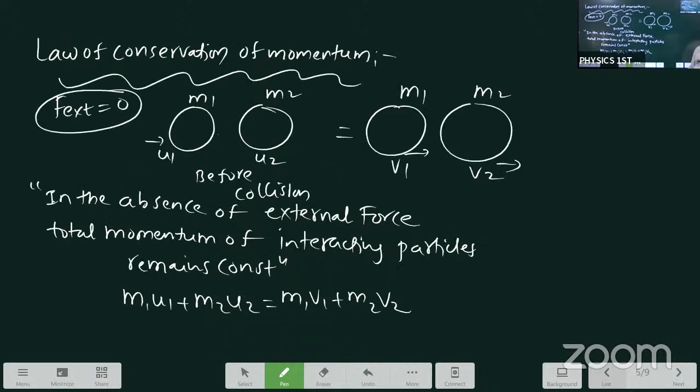Out of the 4, Kepler's laws is the 3-star question. The remaining are all 2-star questions, students. So concentrate especially on Kepler's laws, law of conservation of momentum, impulse, momentum, examples. The remaining two, if possible, you read also, 50-50%. Okay, we'll continue tomorrow.